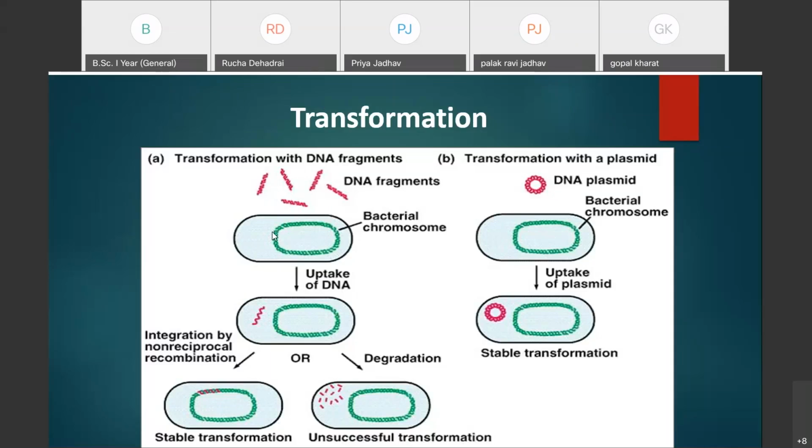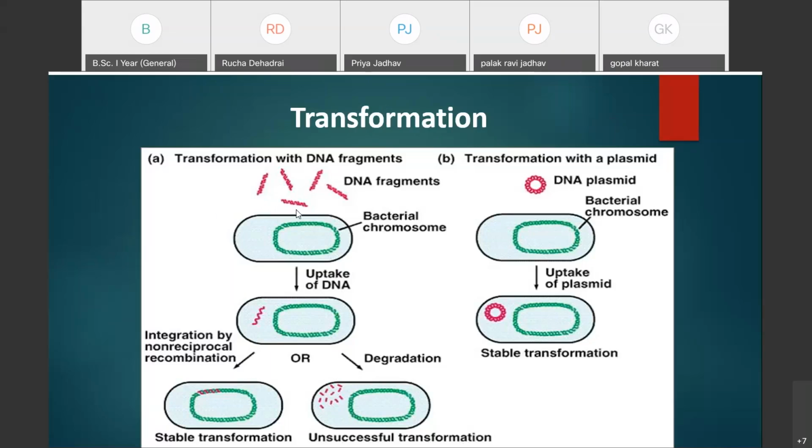Some of the bacterial cells are naturally competent, which means they do not require any special treatment for transformation. They do not require special treatment to receive the genetic material from the external environment.